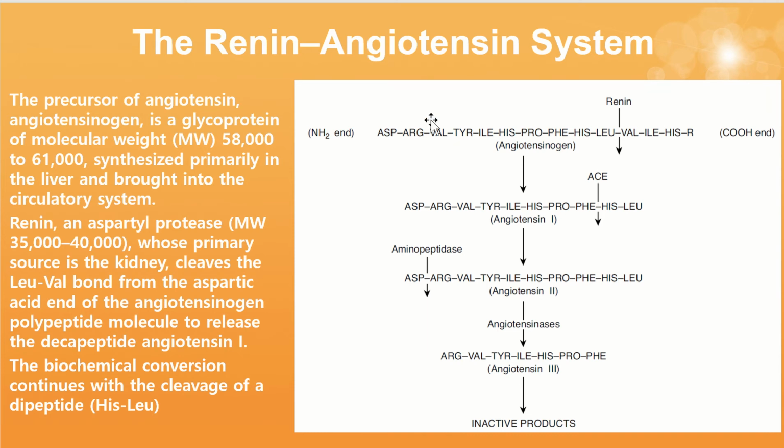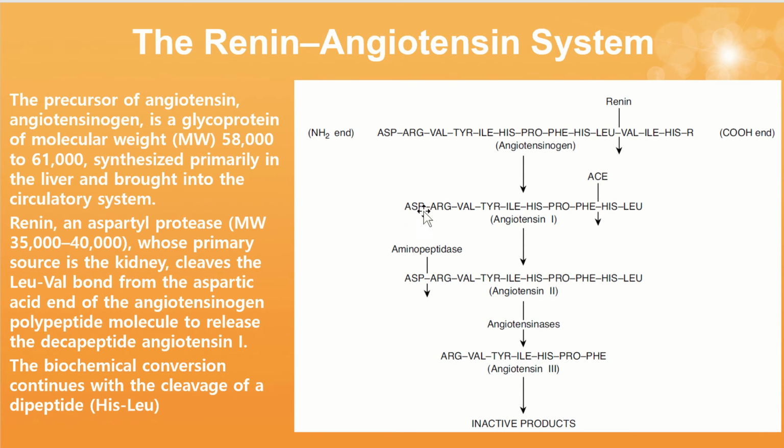So this is basically what we're saying in a simpler diagram here. So renin causes this leucine valine to cleave from the acid end. So we have an amine end and we have an acid end. So from the acid end, angiotensinogen is cleaved, this leucine valine bond, that produces angiotensin 1, which is a decapeptide.